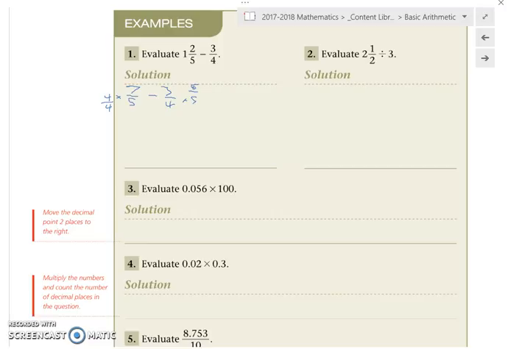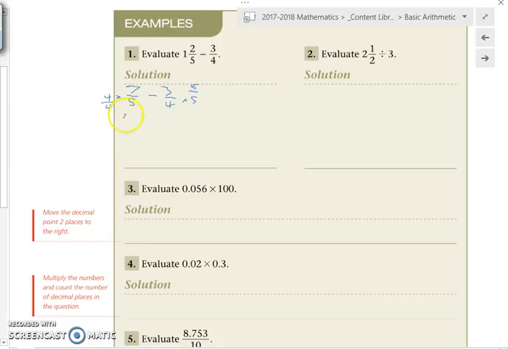Instead of fifths, I'm now going to have 20ths. So each one of those fifths, I've cut into 4 slices. Does that make sense? So by timesing it by 4 over 4, that's the same as timesing it by 1. Most of the time when I say it, I wouldn't say that I'm timesing it by 4 over 4. I'd just say I'm timesing it all by 4.